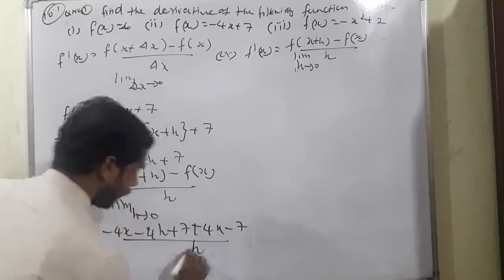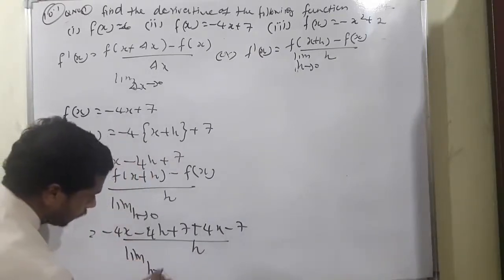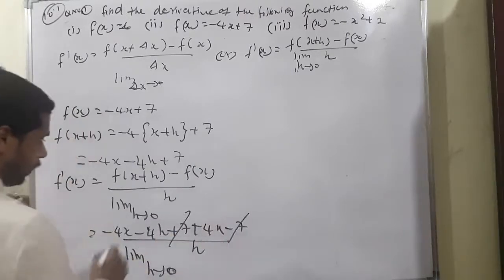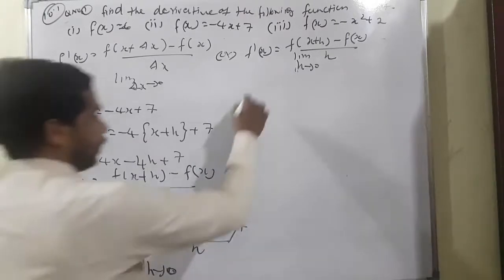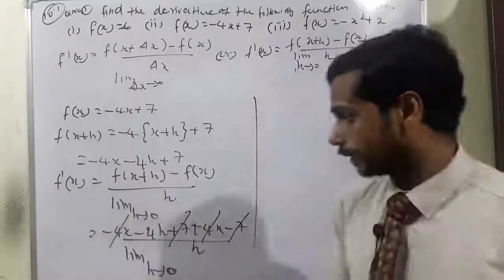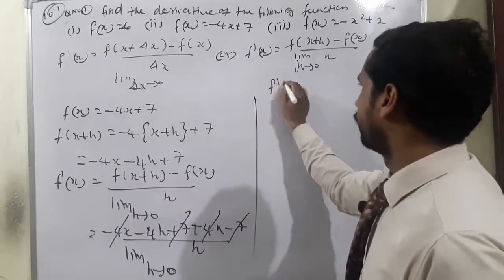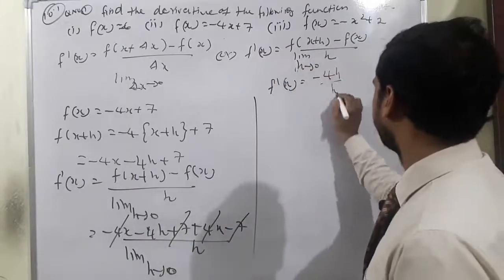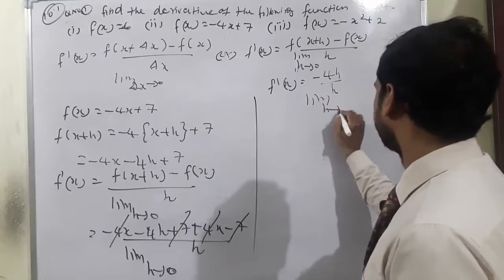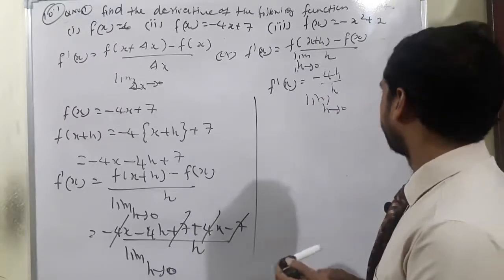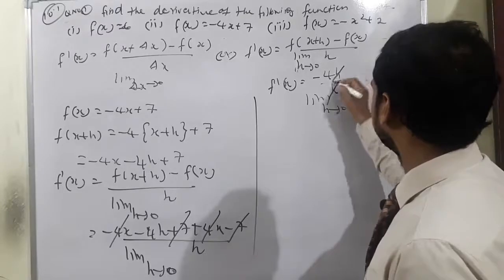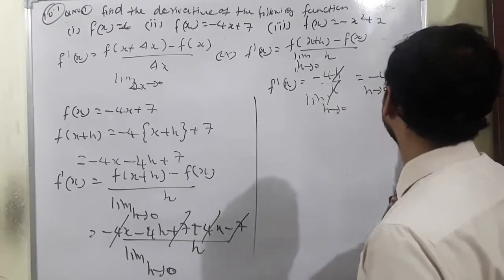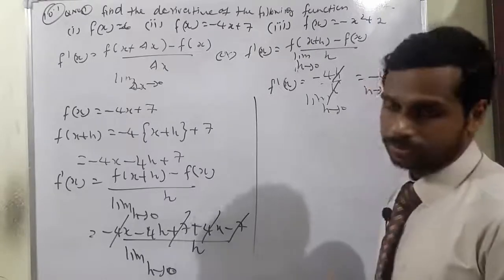The whole term divided by h, where the limit consideration is h tends to 0. So plus 7 minus 7, minus 4x plus 4x cancel. After cancellation, the balance of the term: f dash of x is equal to minus 4h divided by h, where h tends to 0. Directly cancel, no? So h and h cancel, and the answer will be minus 4, because there is no h term.